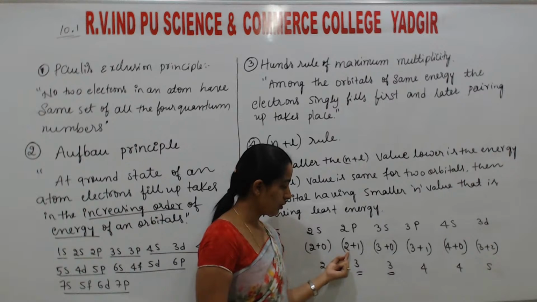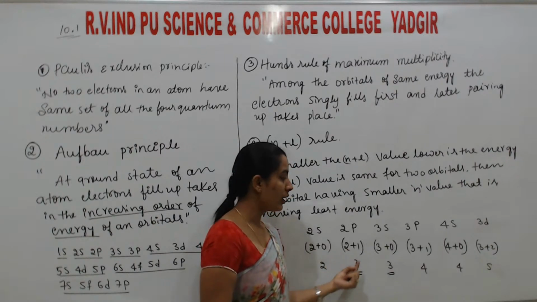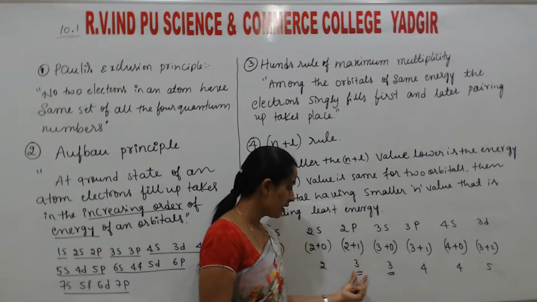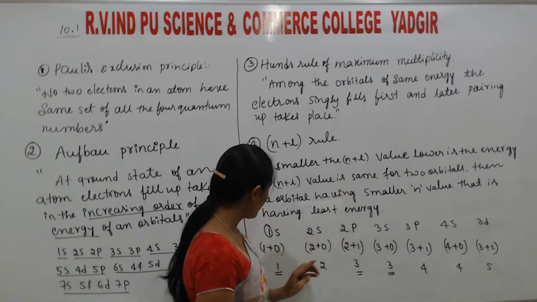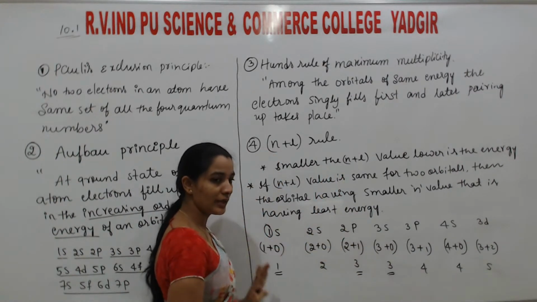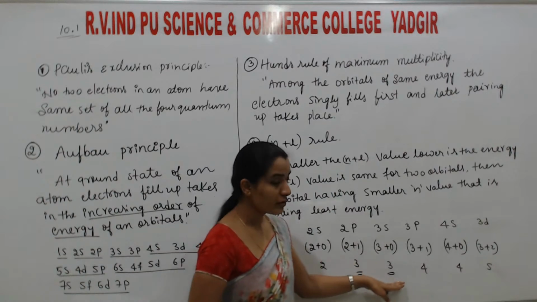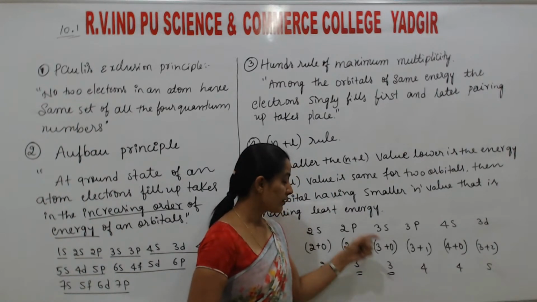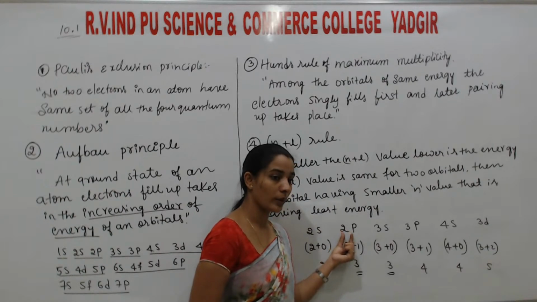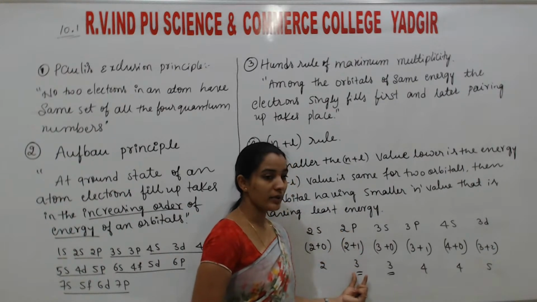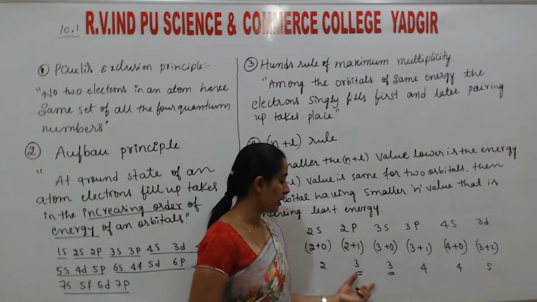This one, 2p. 2 is smaller compared to 3, that's why this has the least energy. If the n plus l value is small, no matter what, it has the least energy. If the n plus l value is the same, understood? Then the one having the least principal quantum number has the smaller energy.